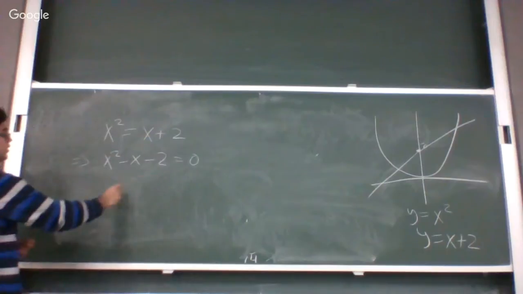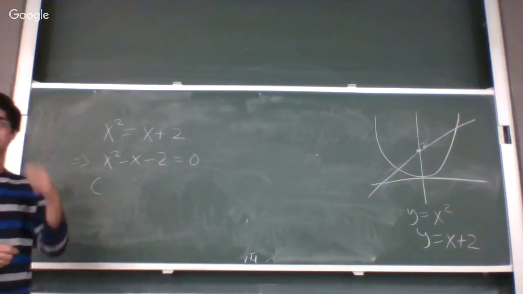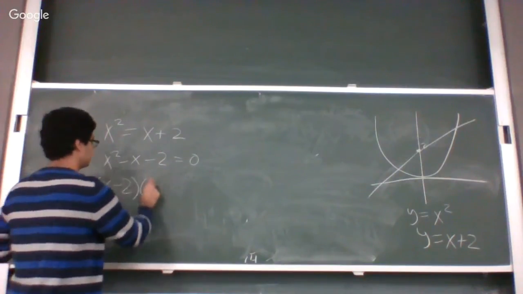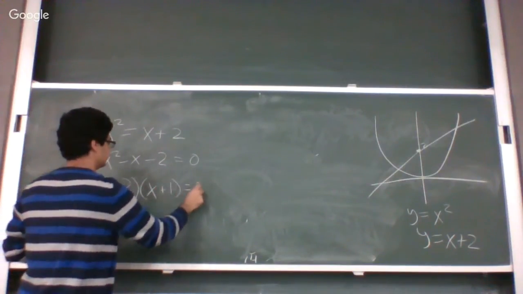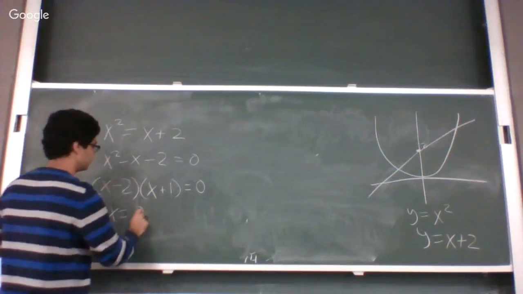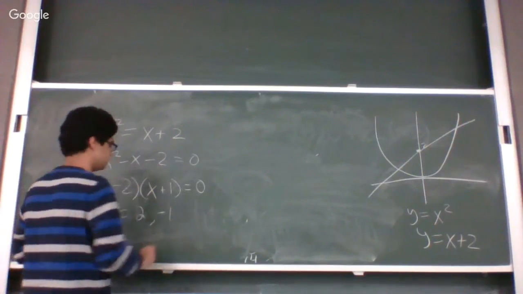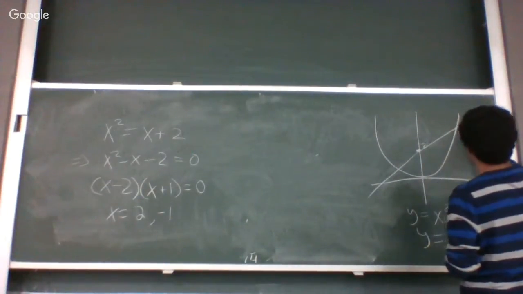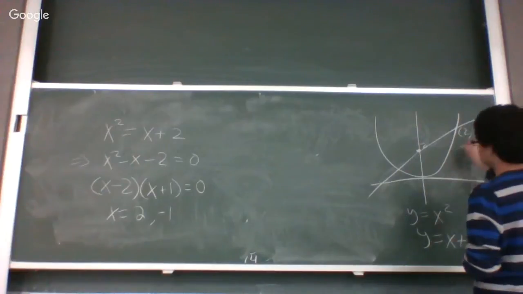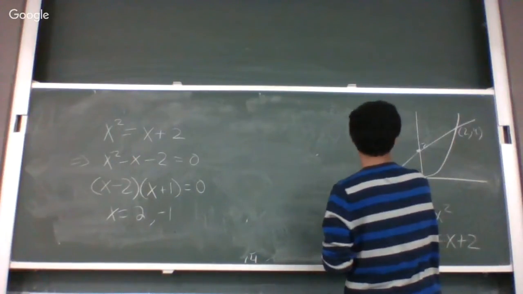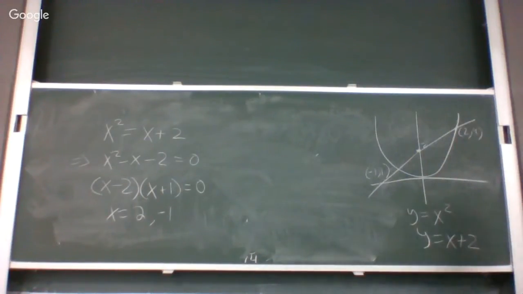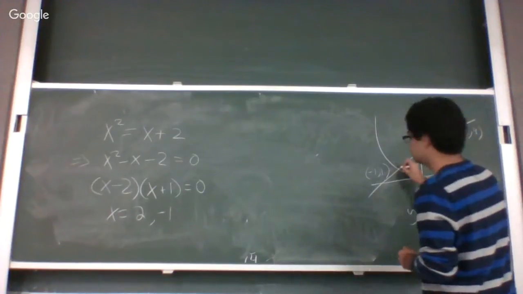What would this factor out to be? x minus 2, x plus 1. x is equal to 2 and negative 1. That tells us that at (2, 4) and (-1, 1), they intersect. Those are the two intersections.